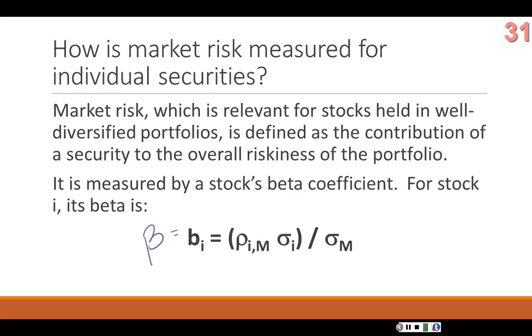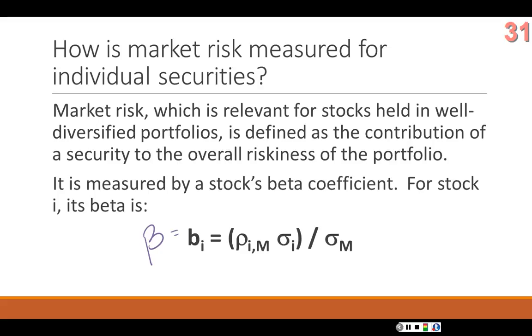And it's simply the correlation between the security and the market divided by the market standard deviation. The tendency for a stock to move up and down with the market is reflected in the beta coefficient. So an average risk stock is defined as a stock with a beta equal to 1.